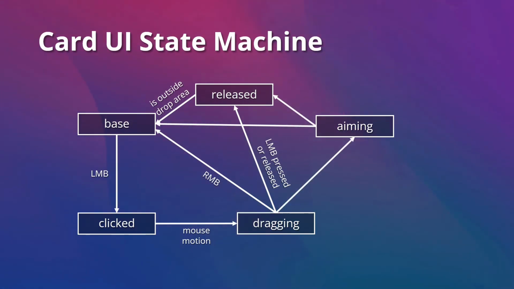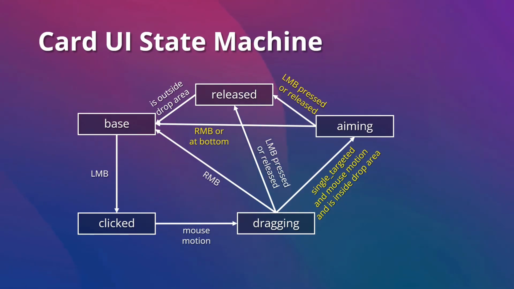And from the aiming state itself, we can go back to the base state by cancelling the aiming mechanic, or go to the release state when we have successfully selected a target. And what are the conditions to do the transitions? To go from the dragging to the aiming, we need the card to be a single targeted card, mouse motion needs to happen, and the card needs to reach inside the drop area.